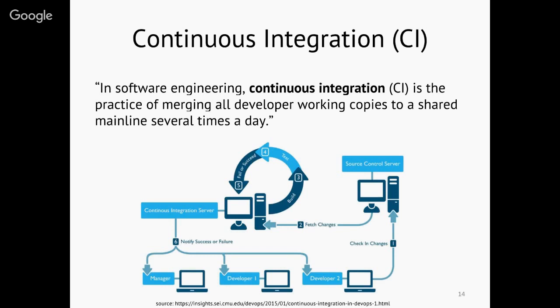What this looks like is you have multiple developers pushing changes to a version control system, a server, and then the continuous integration system is pulling those changes, merging them, testing them, and checking whether that merge to the main line is causing any issues.